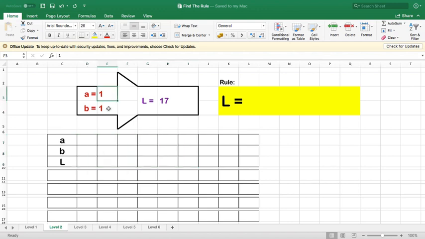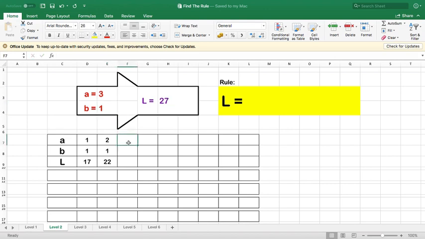So when A equals 1 and B equals 1, L comes out to be 17. Let's see what difference it makes if A equals 2. Okay, so if A equals 2 and B equals 1, we get 22. Let's see what happens when A equals 3.